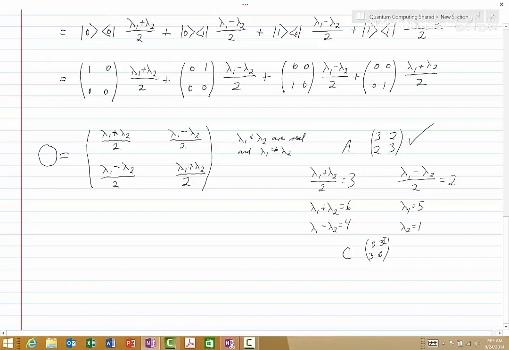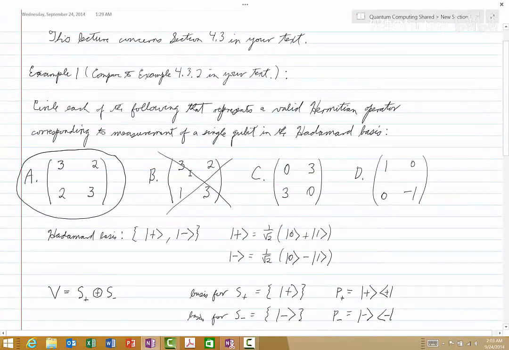Of course, the complex conjugate of a real number is just the number itself. So this is Hermitian, and so it's not eliminated on the basis of being non-Hermitian, as was the matrix in B.